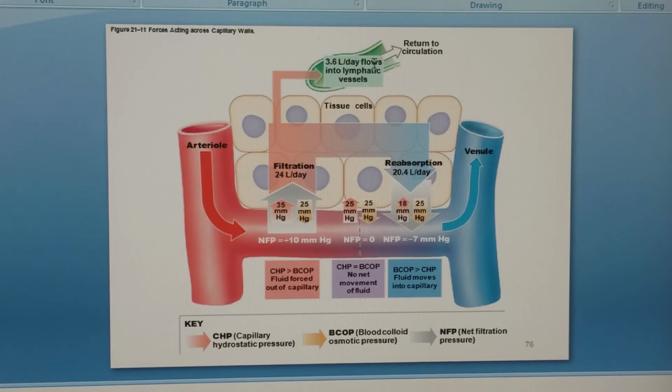So 3.6 liters per day flows into the lymphatic vessels, which then filter it through the lymph nodes, and then take it back and put it into the venous system around the neck of the body. So that's what's happening with the difference between filtration and reabsorption.